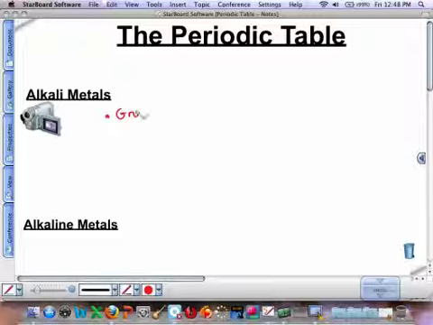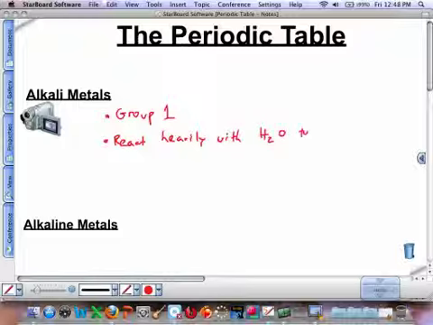All right, let's stop there, one thing at a time. So they're group 1. Do they react heavily with water? Yeah. And what does that produce? It produces hydrogen gas.